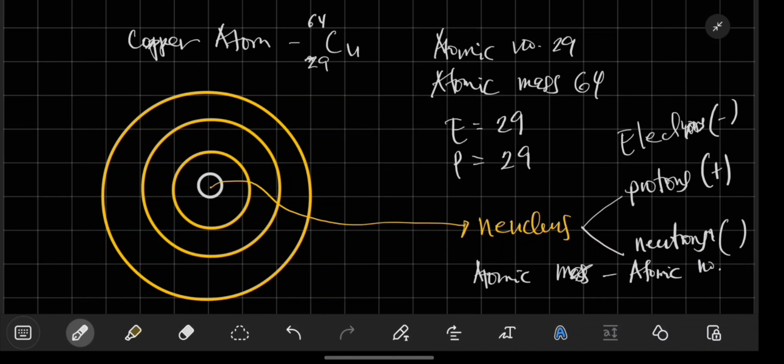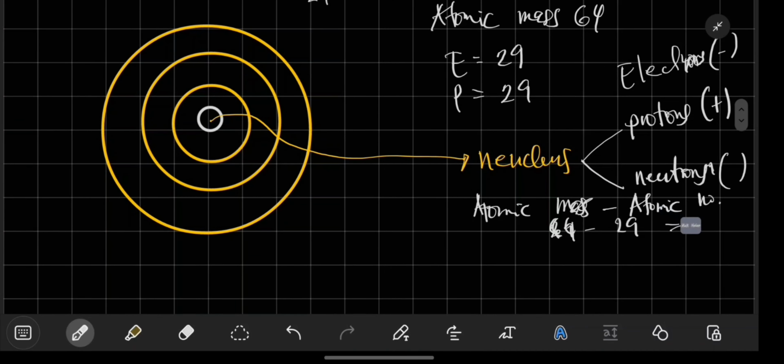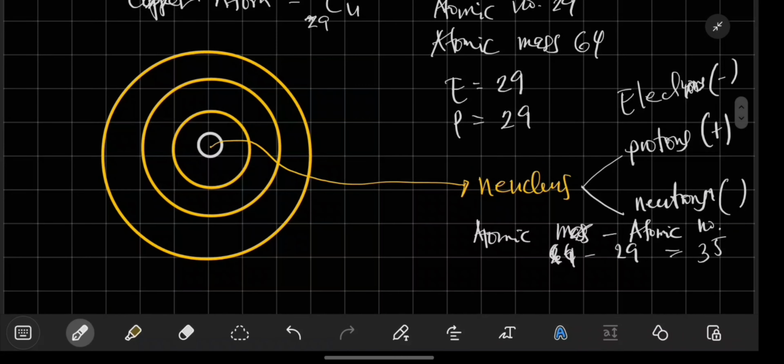Okay. So, the atomic mass is 64, I'm sorry. 64 minus 29, and this is equal to 35, I think. So, the number of neutrons here is 35. Okay.